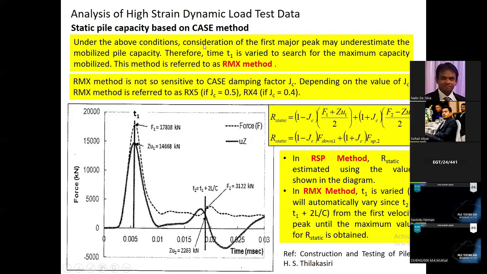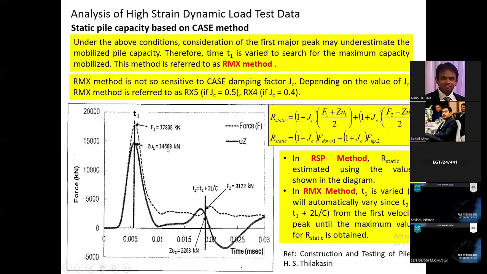Therefore, in the estimation of case global capacity, what they do is change the T1 time, and as a result, T2 will also vary.